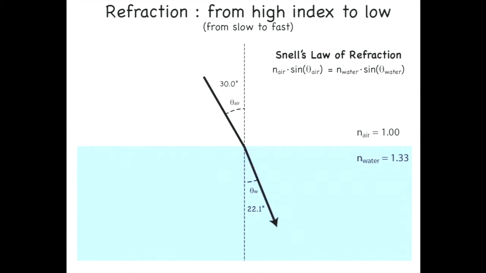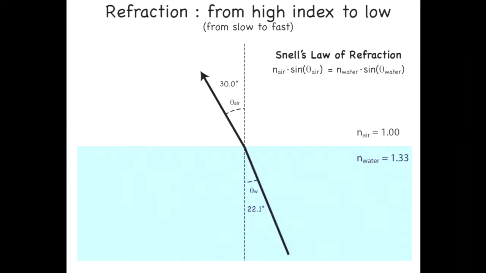If I start with a laser underwater and I shine it up at exactly 22.1 degrees, the output will be exactly 30 degrees with respect to the normal. If it was a land-based laser, it would be 22.1 degrees going into the water. If it's a water-based laser at exactly that same angle, it's just geometry. If you plug in one answer, you have to get the reverse answer back out.